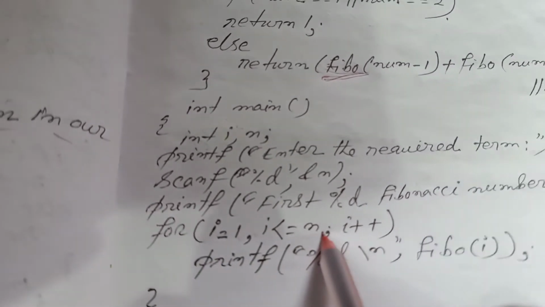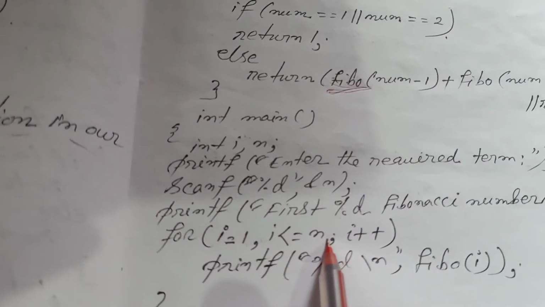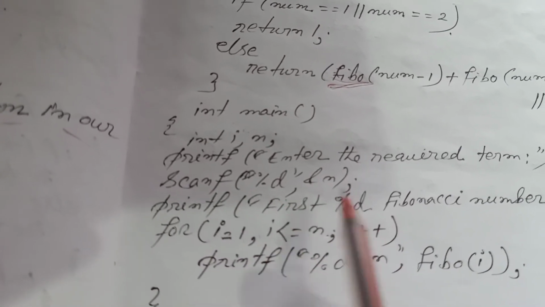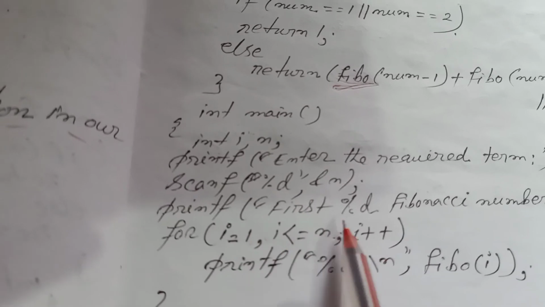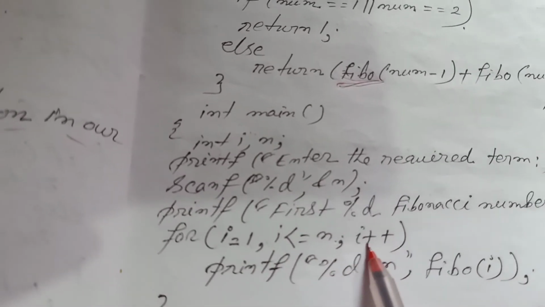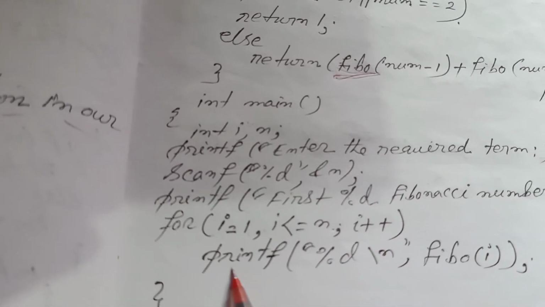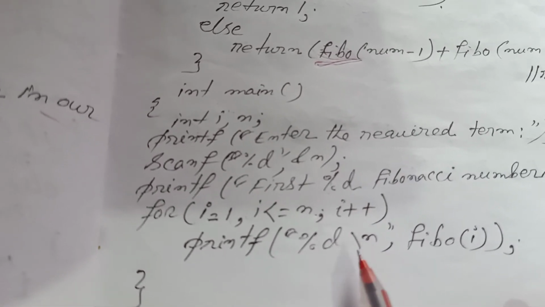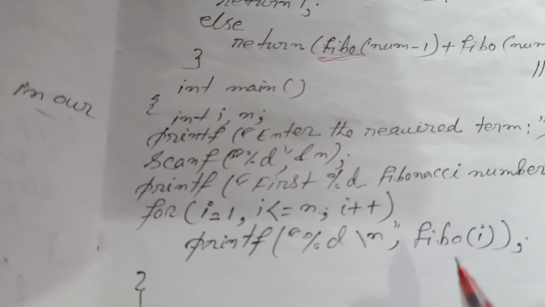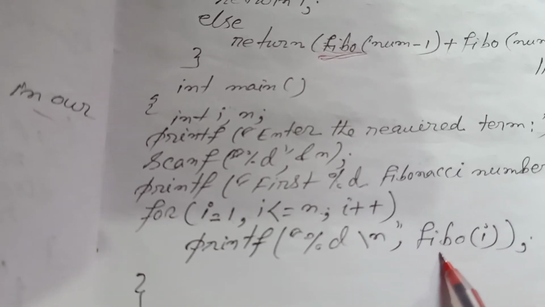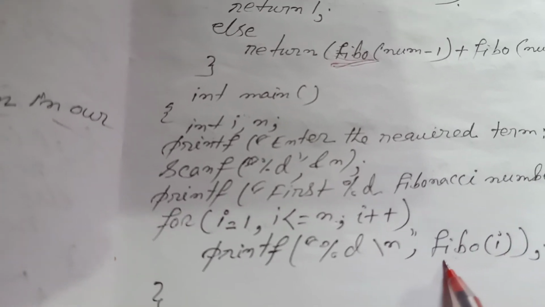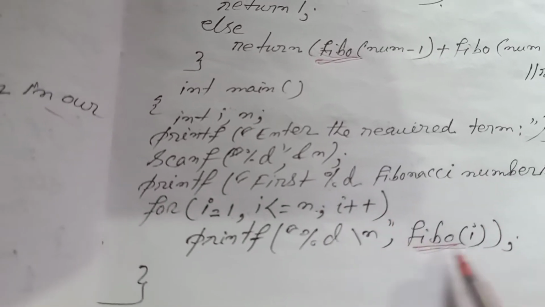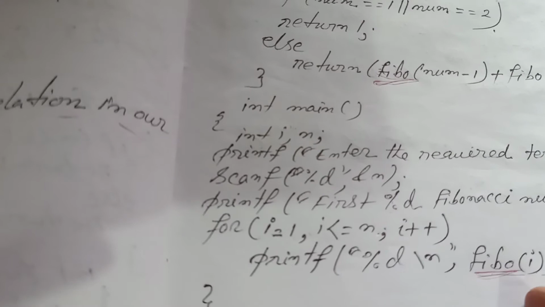That means the loop runs up to the value of n, and i is incremented. Printf %d \n to take a new line, and fibo of i. Here fibo is the recursive function of index i.